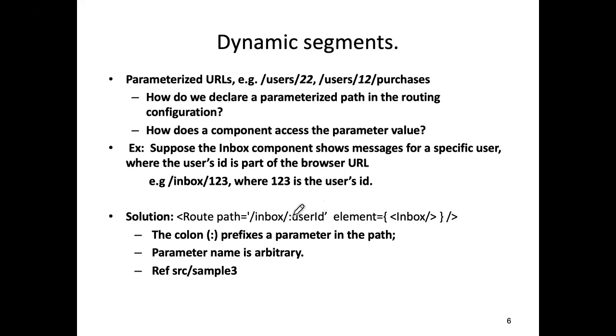The colon here tells the React Router that this part is a parameter or a variable. And I have arbitrarily decided to call the variable userId, which is a meaningful enough name. So that tells the React Router that there can be any value here within this overall path.